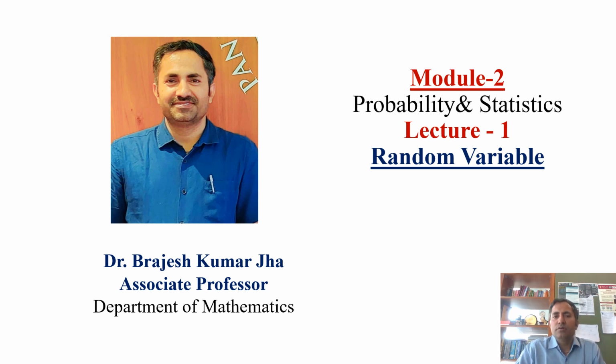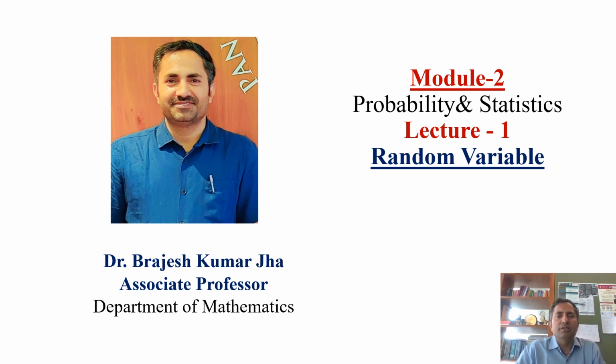In Module 2, Lecture 1, we are going to talk about random variable. Those who have gone through probability and the topics related to probability up to Bayes theorem can go to the study of random variable.